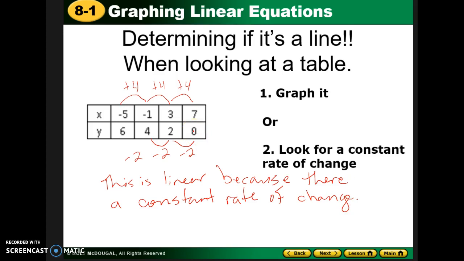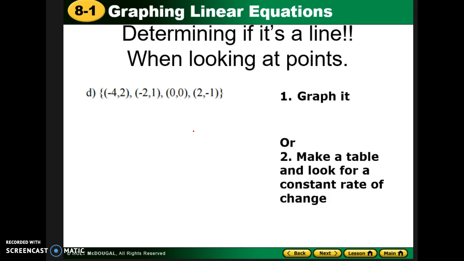Okay? And there's one last thing that we need to look at to see if it's a linear equation, and that is when they give us points. So two ways to do it again. One, just graph it. If it's a line, it's a linear equation. And the second way, which I'm going to show you, is to make a table and do what we did last time.